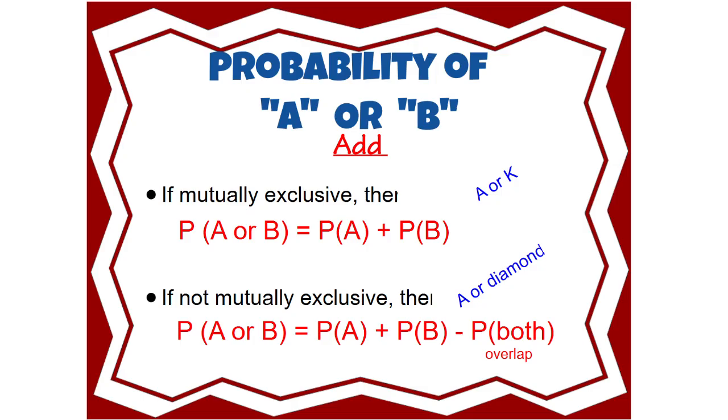Okay, the reason these are not mutually exclusive is because the ace could be a diamond. So those could happen at the same time. And what that would mean is that you would be counting the ace of diamonds in this category. You would be counting it again in this category, which means it got counted twice. So you have to subtract out anything that got over counted. I call that overlap. It got double counted, so you have to subtract that out.